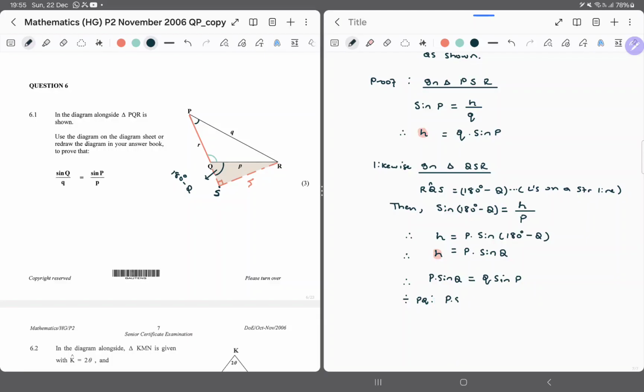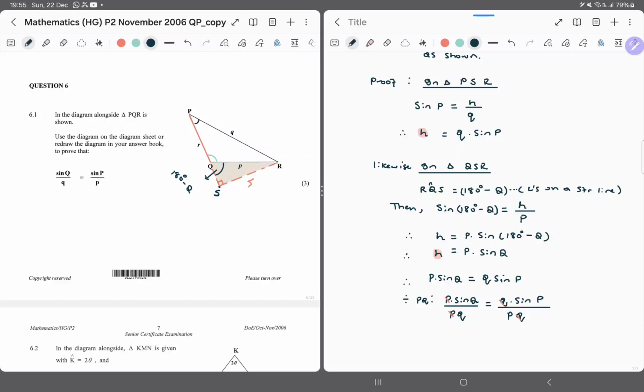So we have P sine Q divided by PQ. Then we will have Q sine P divided by PQ. Can you see? Strategically, we can divide by anything, and if we do it, we must do it to both sides. Can you see? P takes P, Q takes Q into an invisible one.